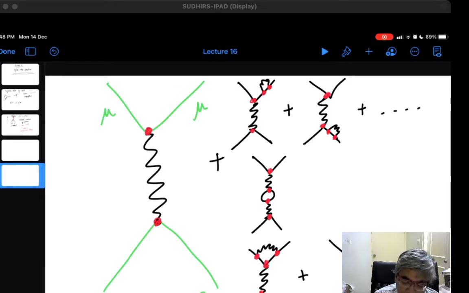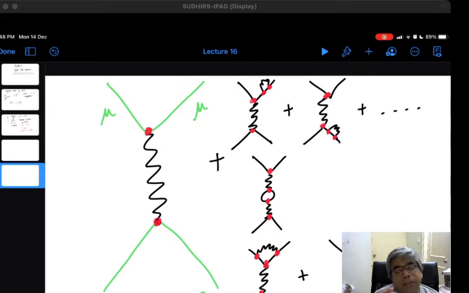This kind of calculation is required for two reasons. One, if there are processes which only emanate from higher order corrections, for example if the tree level is 0 and only from one loop do these calculations happen, then these effects can be seen.